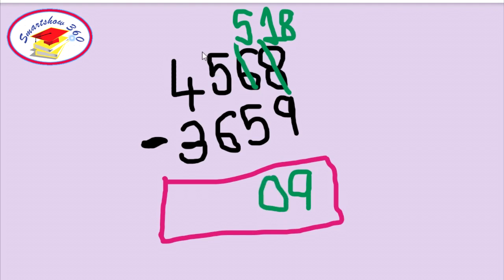And the next one, 5 minus 6. You can't do it. But since the tens digit already borrowed 100 from the hundreds digit, so now you have to borrow 1 from the thousands place. So in thousands place it would be 3 up, and in the hundreds place it would be 14. So 14 minus 6 would be 8.